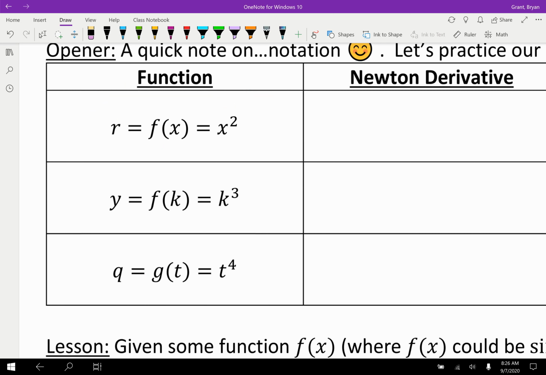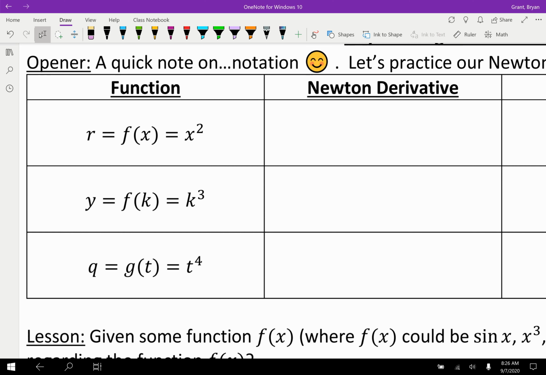If we wanted to take the derivative of this equation, well, there's a lot going on here. First, let's remember that the Newtonian way doesn't actually have a way to tell you to take the derivative. They would just say take the derivative or find the derivative. So if we wanted the derivative of this, there's a couple different ways we could show it. We could say that r prime is equal to, what is the derivative of x squared?